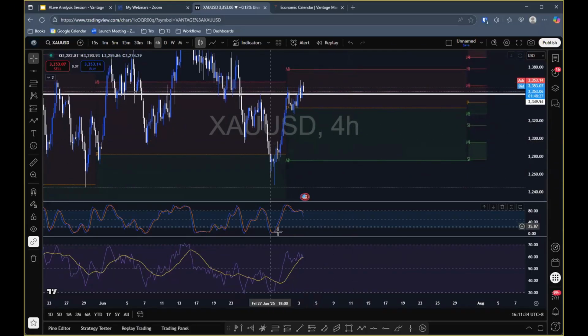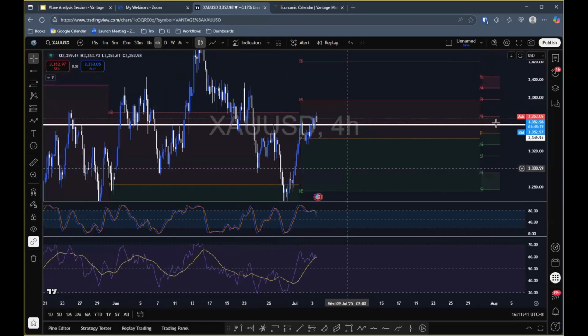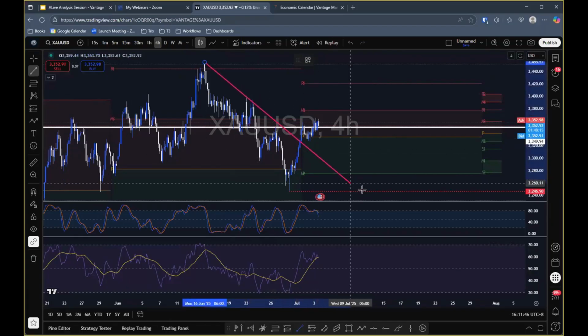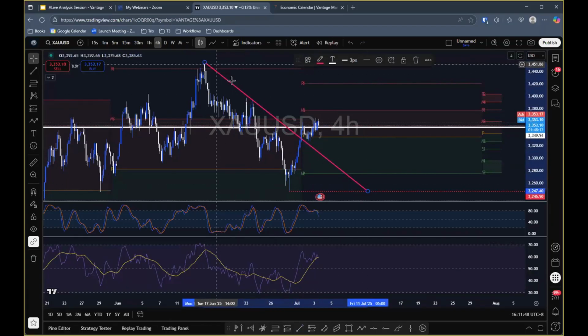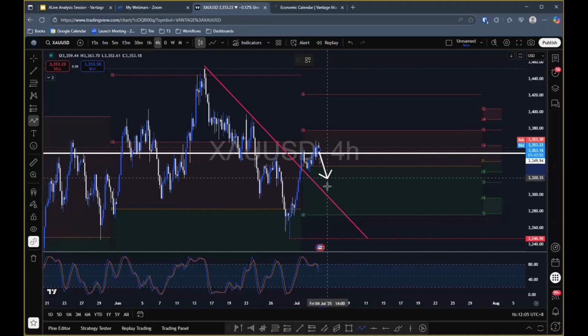The lower bound of this range would be at this crossover here, which is this low here. So this is the entirety of the range, and we are trying to look for an entry to re-enter a buy somewhere along this range on this level here. And as and when on the 4 hours the stochastic RSI falls into the oversold region without breaking this low, that is the entry we're looking for. Okay.